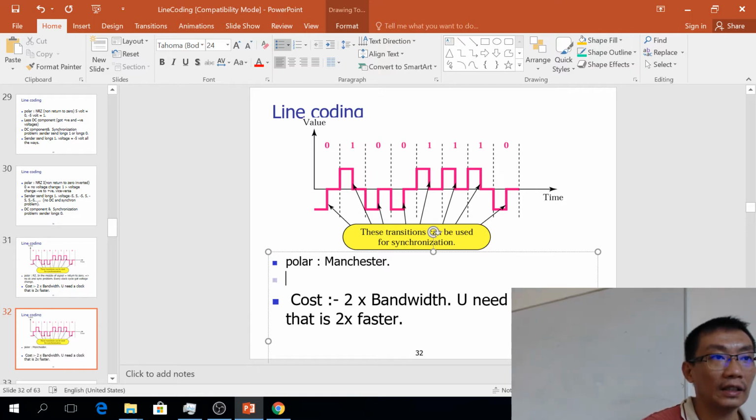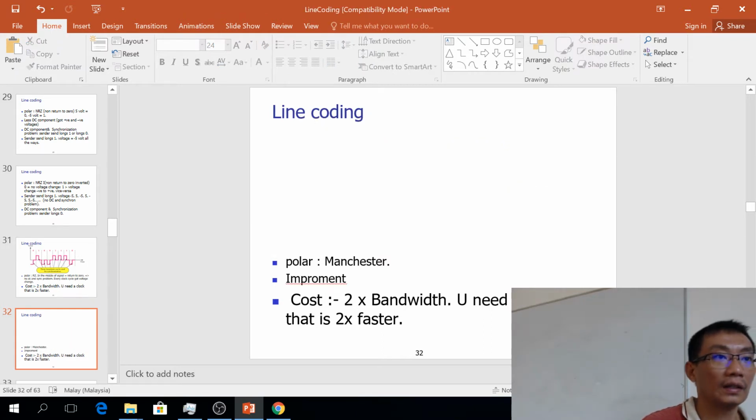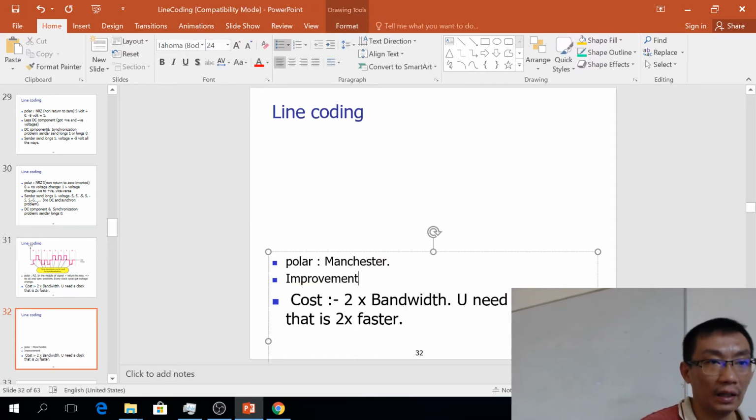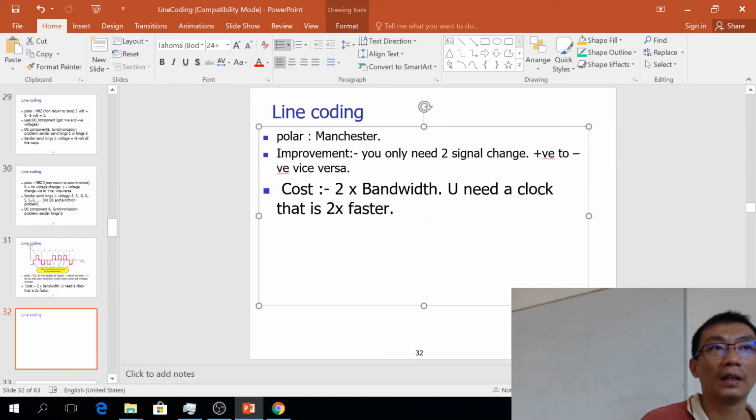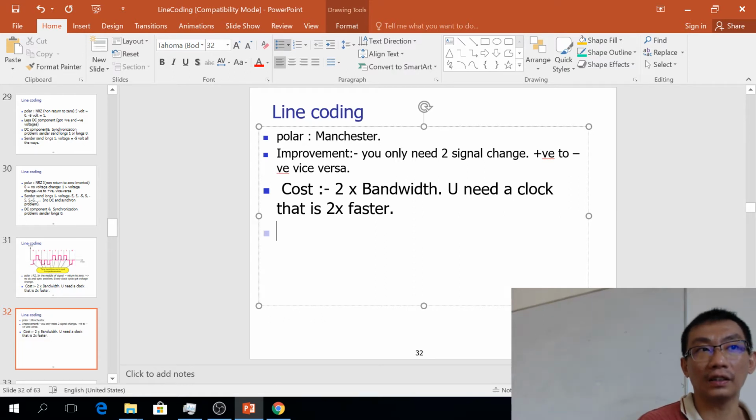The improvement is that the Manchester this one, you only need 2 signal change, right, from positive to negative and vice versa. Okay, that's the Manchester. The cost is still the same. You still need a clock that's 2 times faster. 2 times faster means that you have 50% utilization.